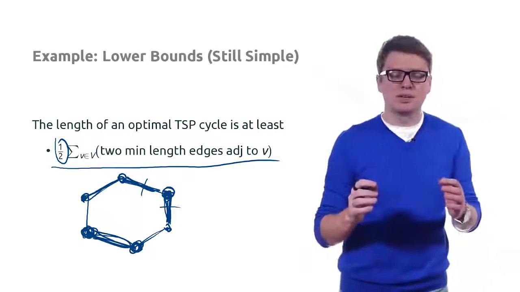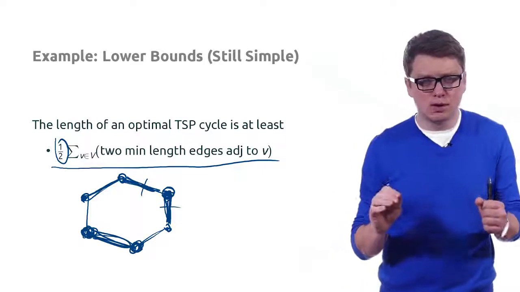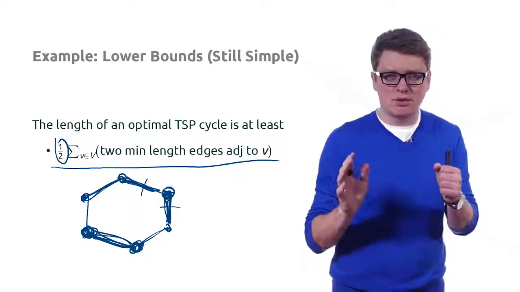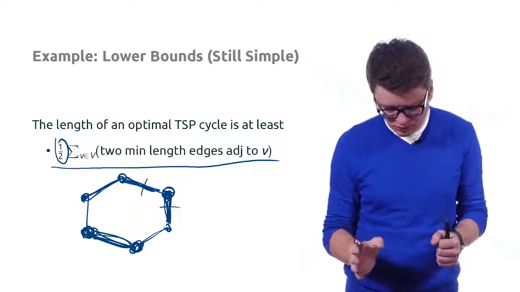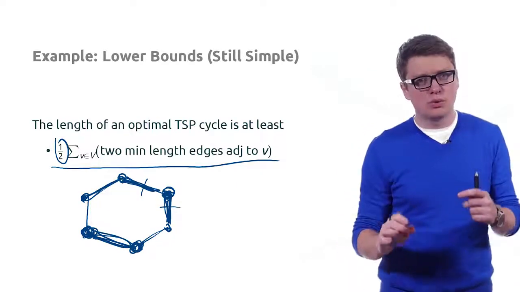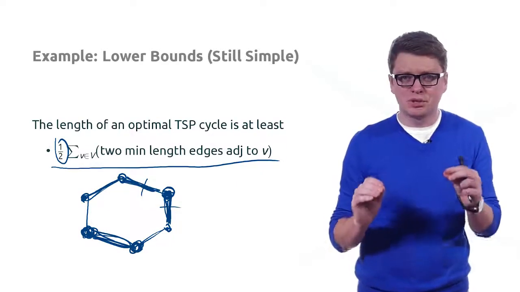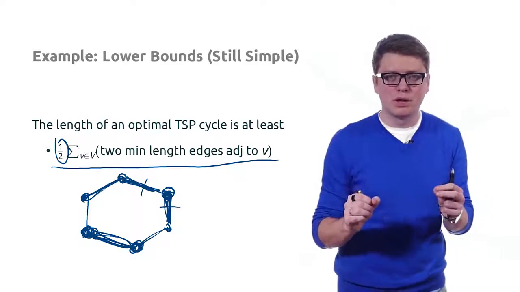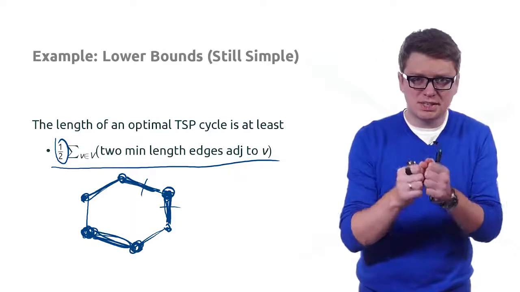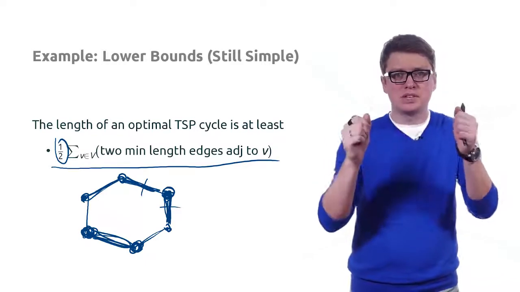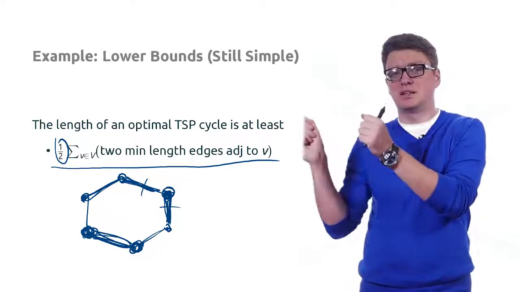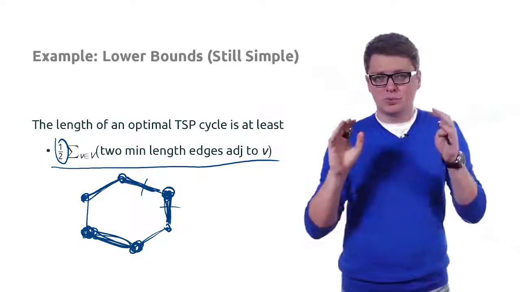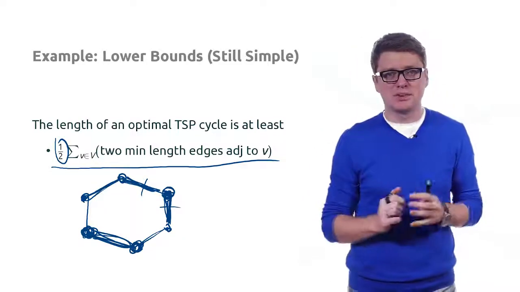And since we computed it twice, to make this lower bound work, we need to take half of the sum of all these edges. So this is a quantity that can be computed very efficiently, and this already gives us a lower bound. Okay, so if we see that this lower bound is already greater than the best solution that we've seen so far, then we stop immediately and we cut the current branch.